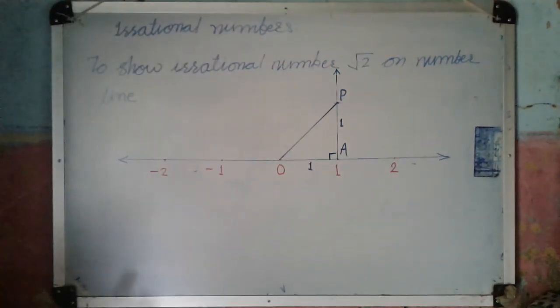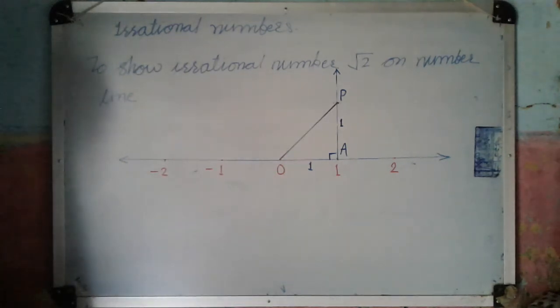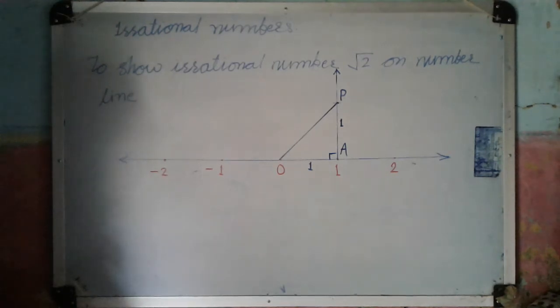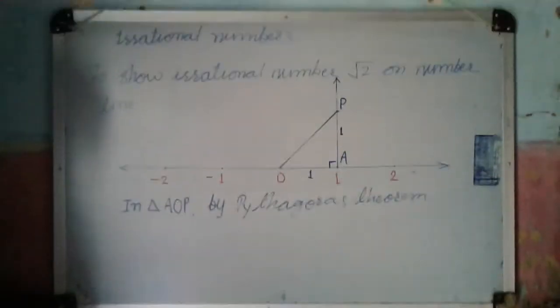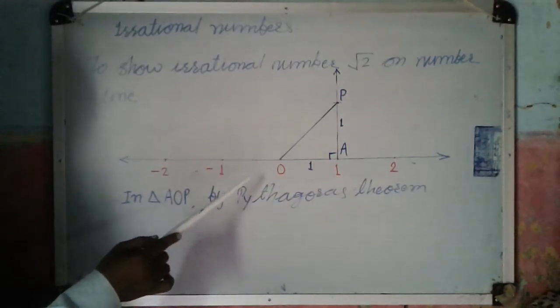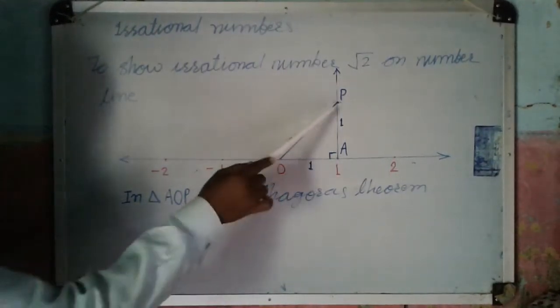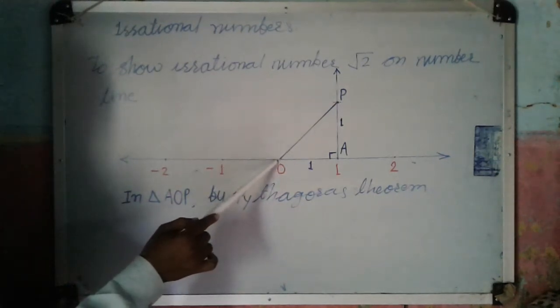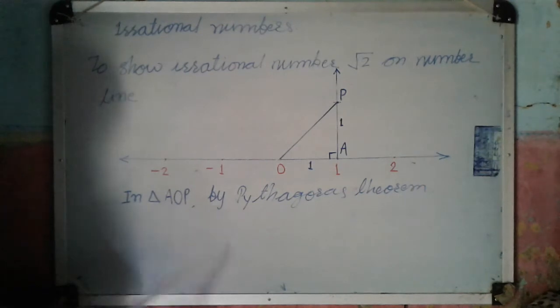So using Pythagoras theorem, you can find length OP, that means the hypotenuse of triangle OAP.